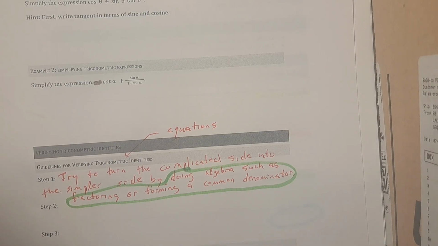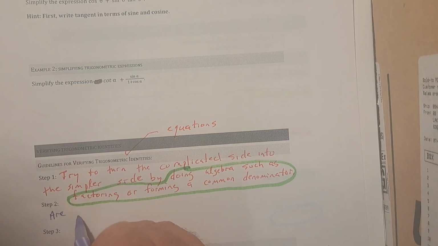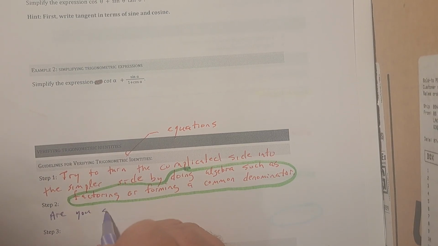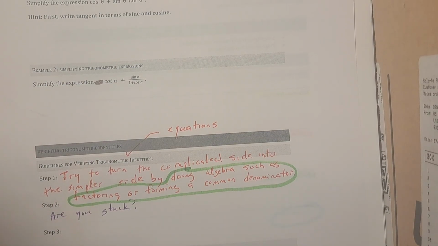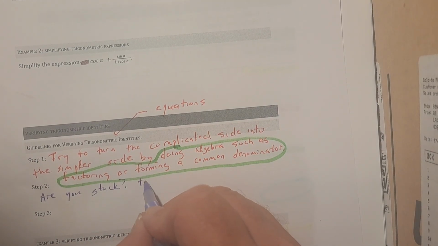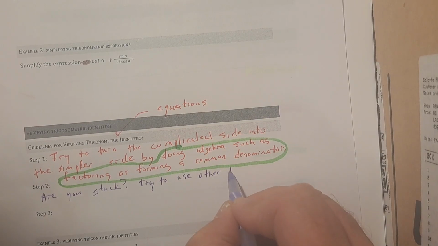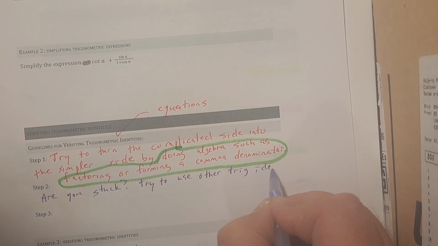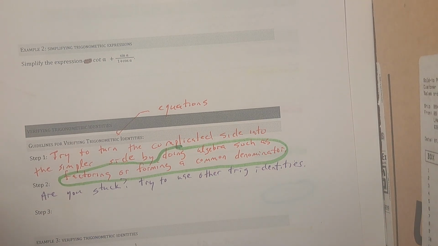Okay, now maybe that doesn't work. So usually the next thing you'd try is, if you're stuck, you can try to use other trig identities. Let's suppose you're still stuck.